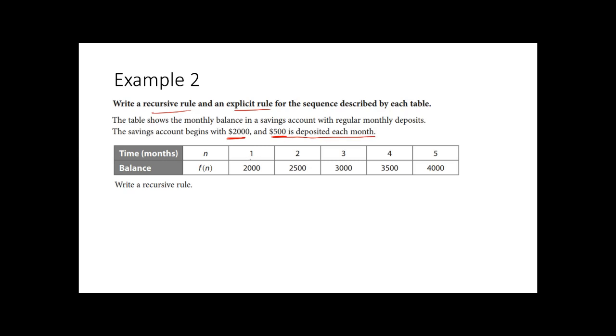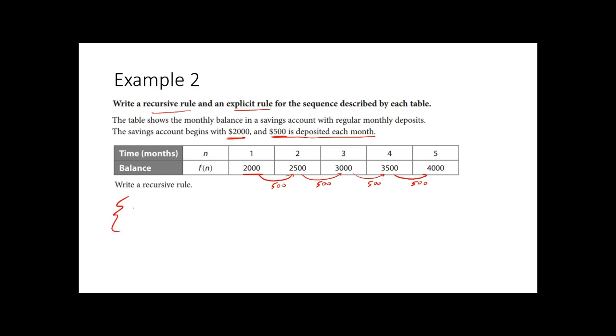So we start off with $2,000, and we go up by a constant, or a common difference, of $500. Now, is that constant? Yeah, we keep on going up by $500. So what do you think our common difference is? That's right, $500.